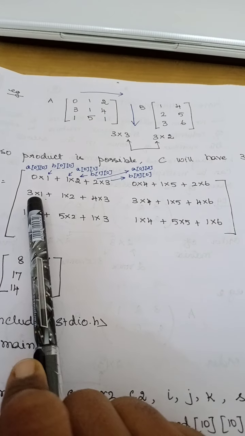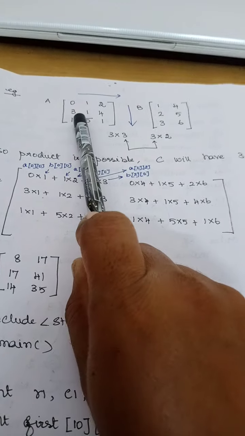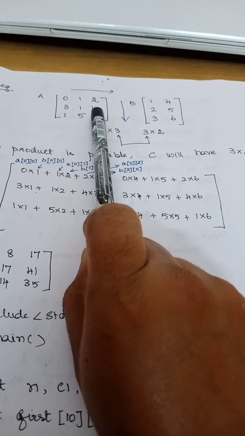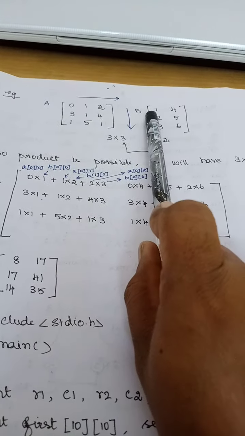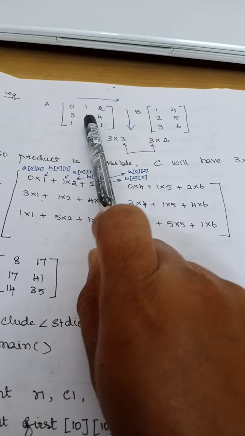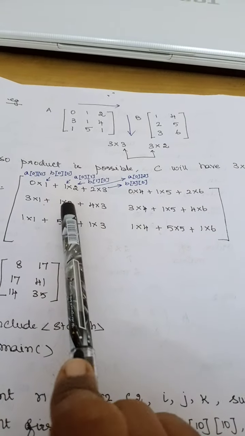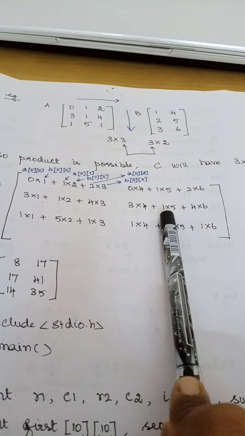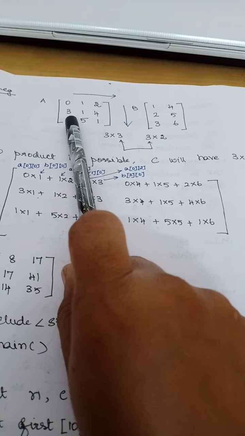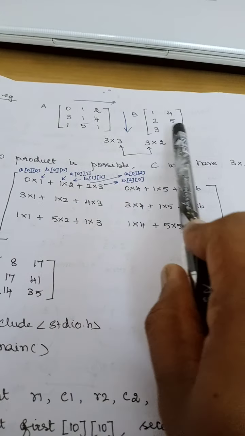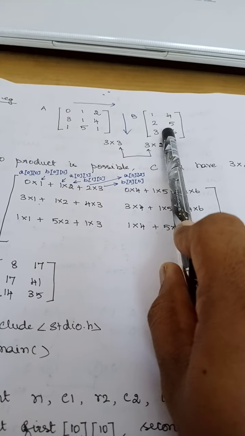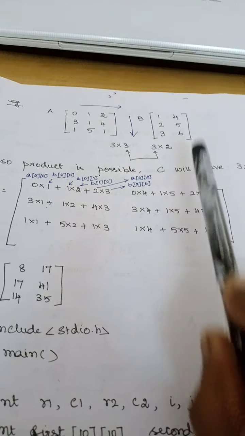Similarly, for the next row, I need to go to my second row. So 3 multiplied with 1 plus 1 into 2 plus 4 into 3. That is going to be my first value. For my second value, again same row, so 3 into 4 plus 1 into 5 plus 4 into 6, right?